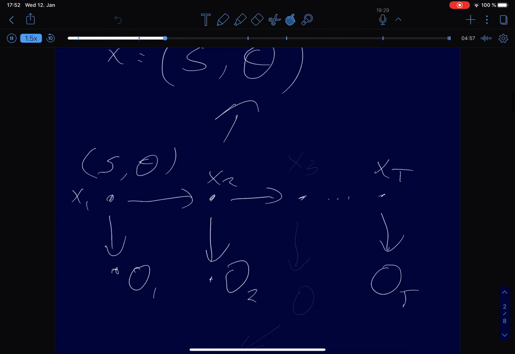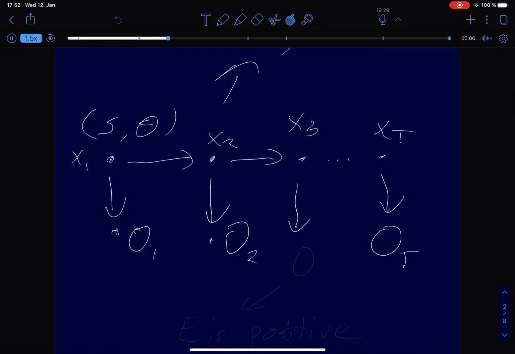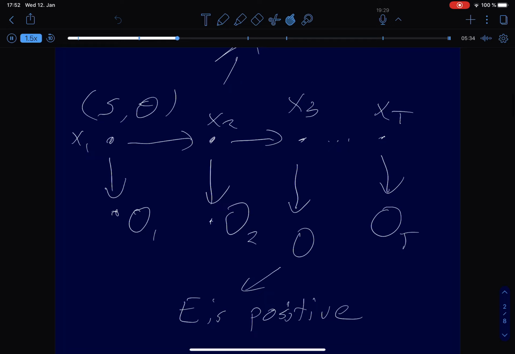So it's only at this point, say this one x3, where we actually see, okay, our observations tell us that the electric field E is positive, and then we actually know more about the system, and we learn something about the propagator that's governing these underlying transitions.